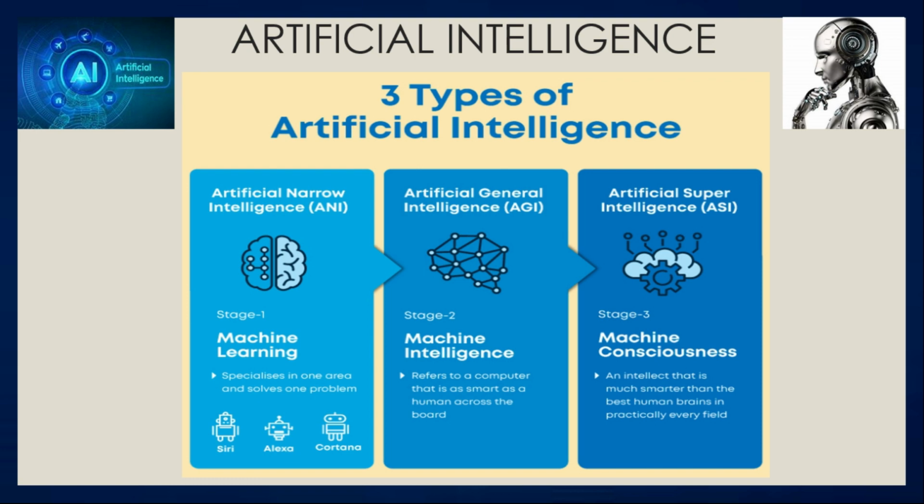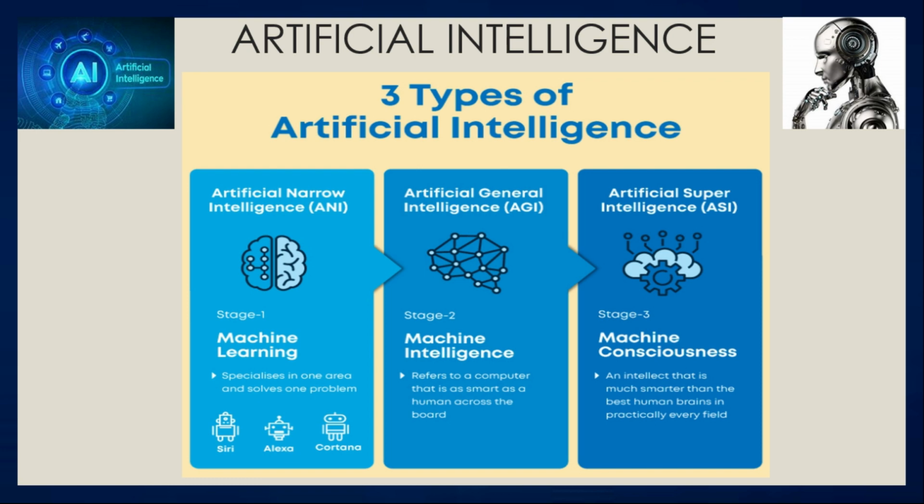Those are cases where machine learning is absolutely important. It has a predefined set of functions, and whenever a prompt request is given, it responds based on functions which have already been programmed, and then gives you a result. That is artificial narrow intelligence.